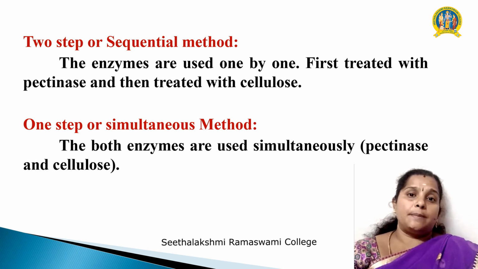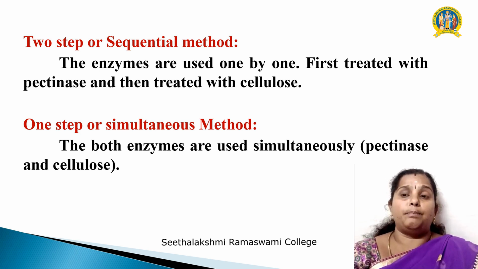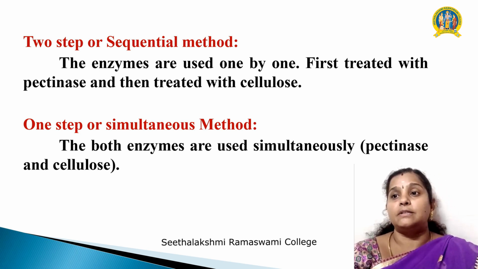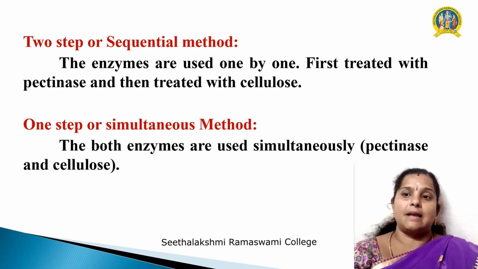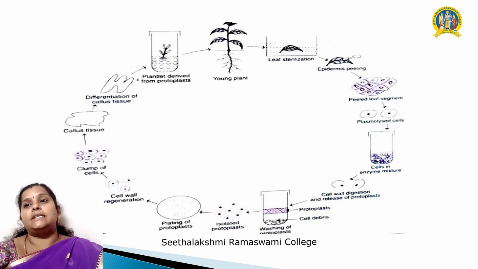Then, the two-step sequential method: the enzymes are used one by one, first treated with pectinase and then with cellulase. In the one-step or simultaneous method, both enzymes, pectinase and cellulase, are used simultaneously. Here, the young plant is taken, surface sterilized, and the epidermis is peeled out.